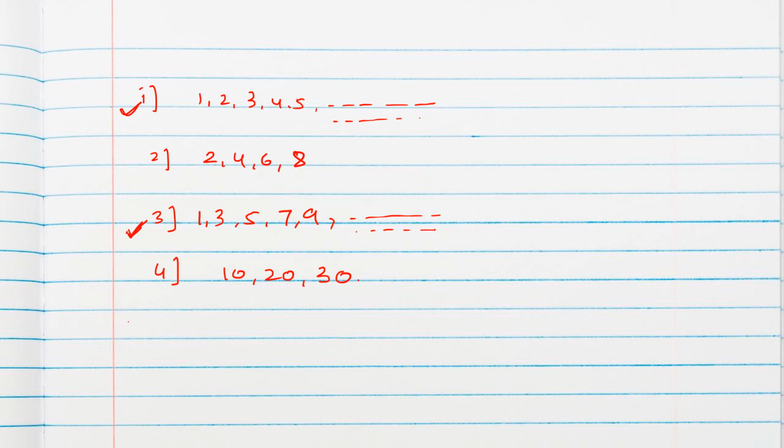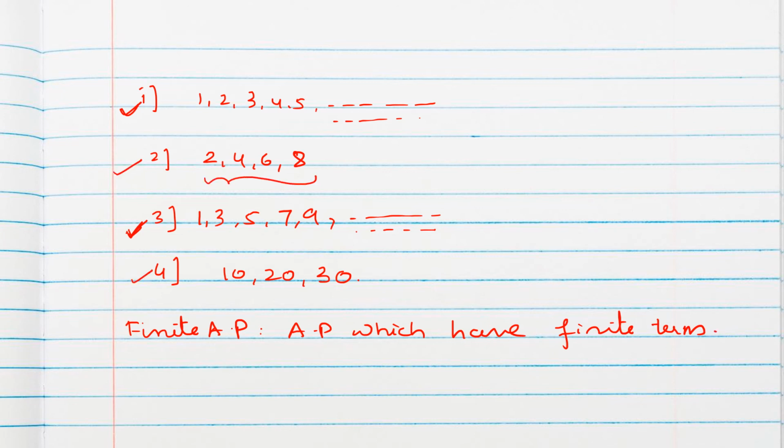Okay. So here the concept will arise: finite AP, which is an AP that has finite terms. That means we can count the terms. So we can see in example 2 and 4, since 4 terms are there, and in example 4 only 3 terms are there. Example 2 and 4 are the examples of finite AP.